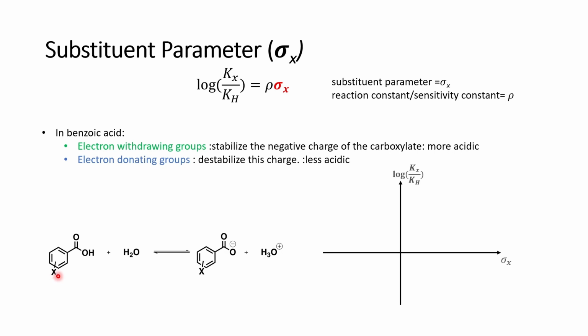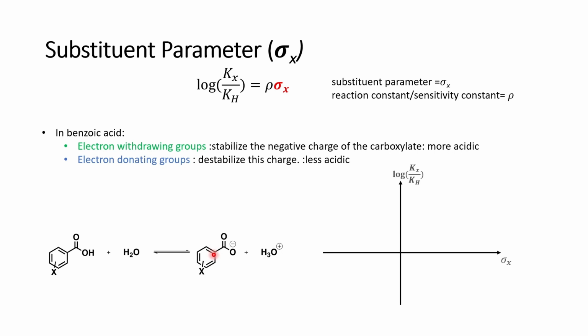So let's see how we can plot this Hammett plot using this information. So basically we all know the electron withdrawing group can draw electrons towards themselves, and because of that, if we have an electron withdrawing group in meta or para position in the benzoic acid, it draws electrons towards itself. And in the forward reaction we have carboxylate formation, and because the electron withdrawing group draws electrons towards itself, it stabilizes this negative charge on the carboxylate.